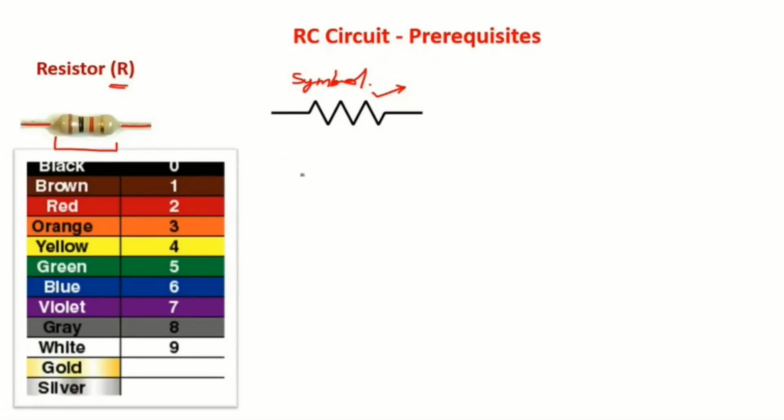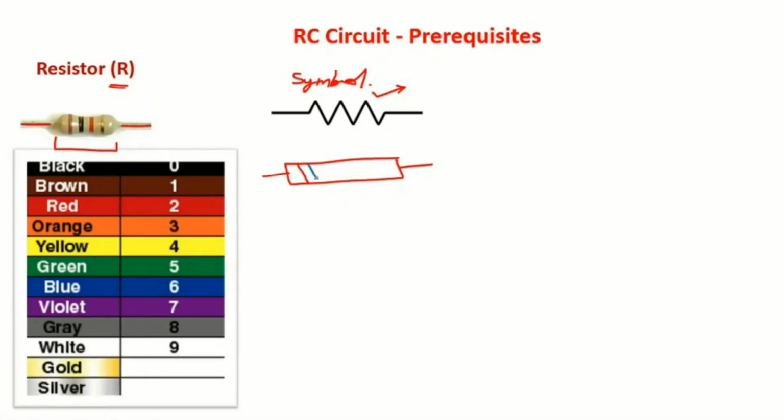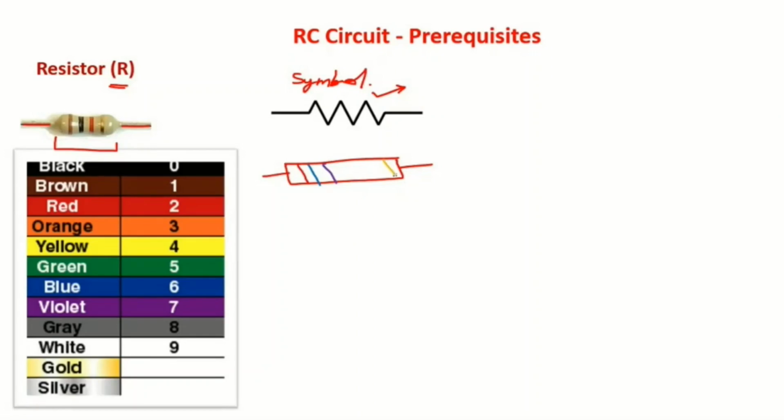In general, if you take a resistor like this, there are two leads, and on one side there will be three different colors, and on the other side there will be one color.